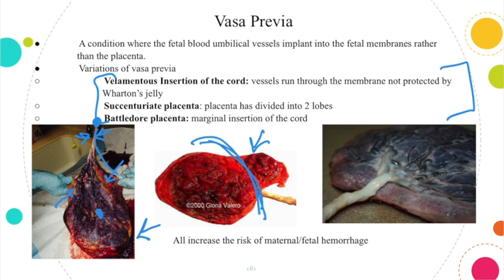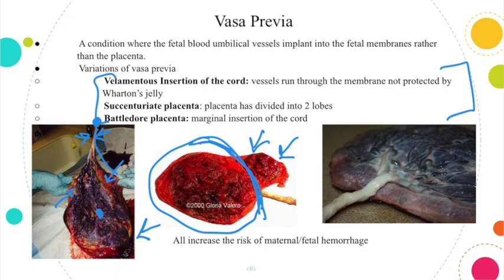Now, what would happen if your patient had a succenturiate placenta and we didn't know it and only this part came out, you would look at it and be like, oh, it's all intact. But the problem is this would still be inside. And so that can cause a postpartum hemorrhage. So hopefully, again, the person has prenatal care and we can pick this up on ultrasound.